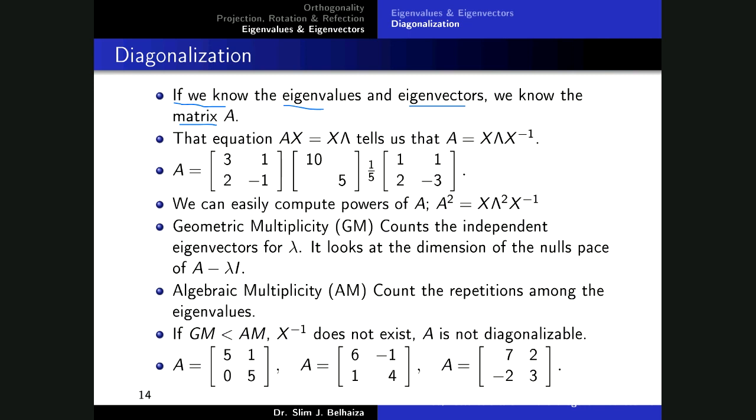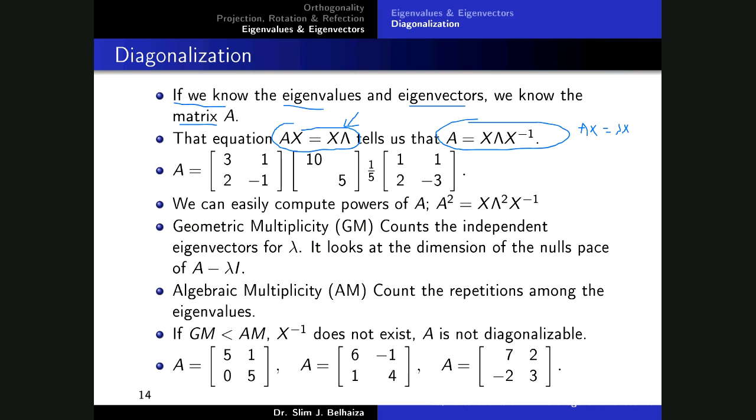The equation that was written in general as Ax equals lambda x, if you put all the lambdas together in a matrix and all the vectors together, gives me AX equals X lambda, where lambda is the capital lambda. If you multiply both sides by X inverse, we obtain that A is nothing but X lambda X inverse.